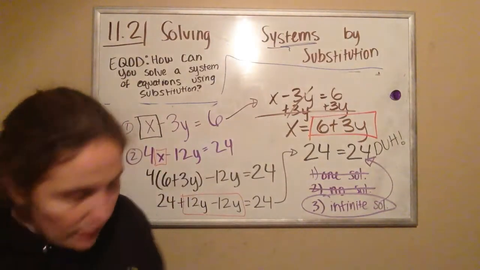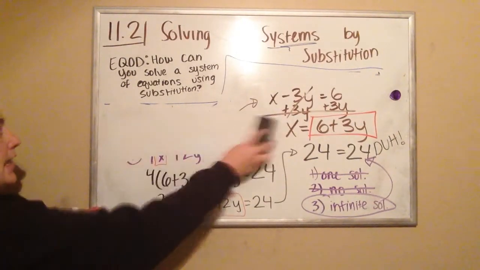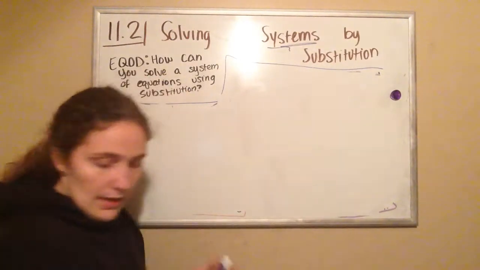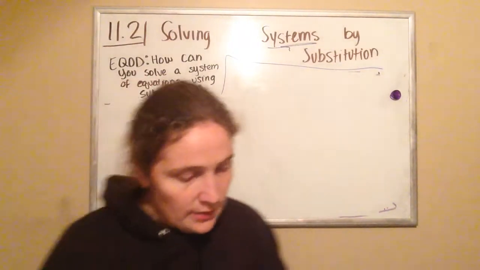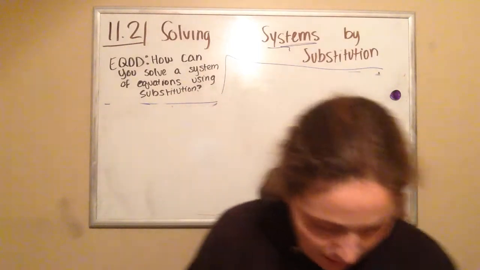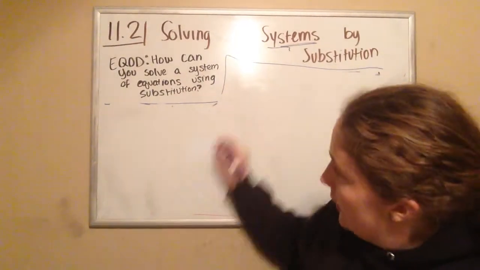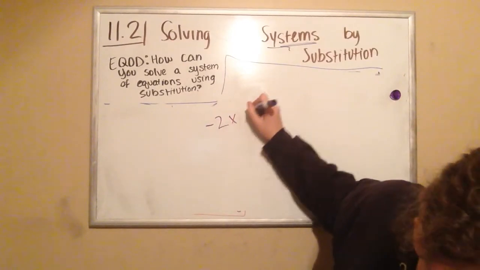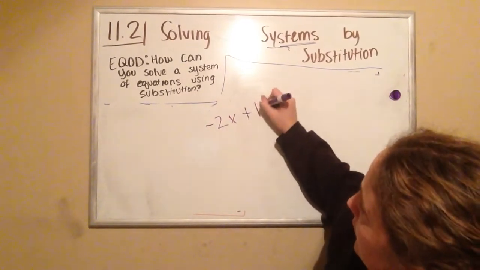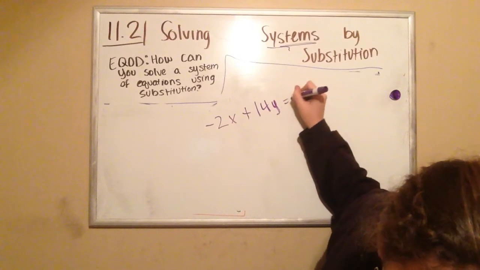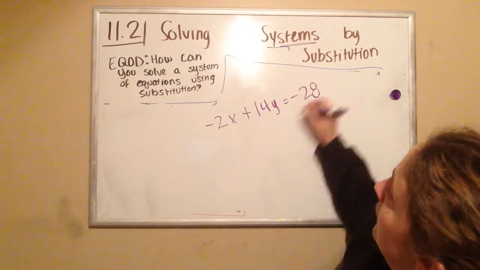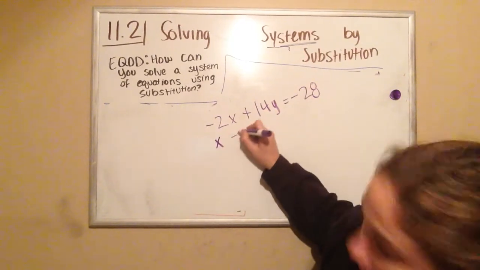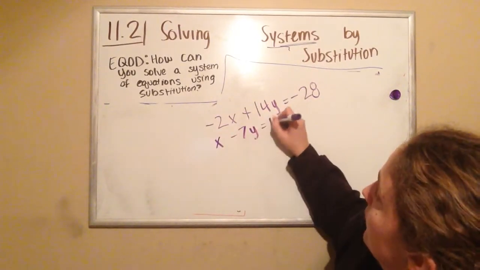Alright, you got one to do on your own on the left-hand side. And then you're done. And if you finish early, just go ahead and start your homework. Just get up, grab your homework, and start that. Alright, the one you're doing, negative 2x plus 14y equals negative 28. x minus 7y equals 14.